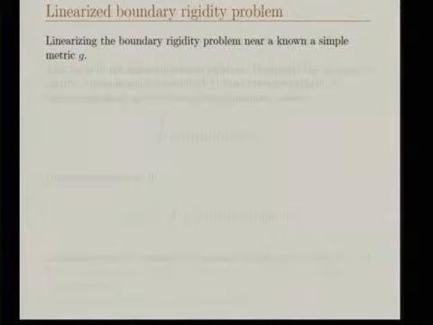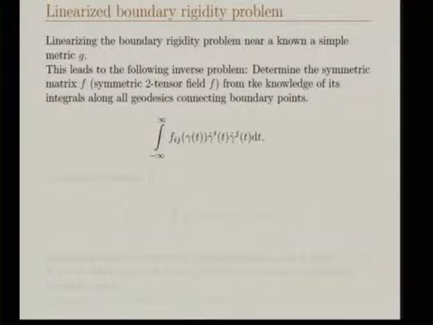So it's a similar calculation here, near a known simple Riemannian metric. He did that for the case of constant conductivity, right? So that's how he could use harmonic functions there. So you linearize near a known simple Riemannian metric, and then it leads to the following inverse problem. And this is again a very nice problem.